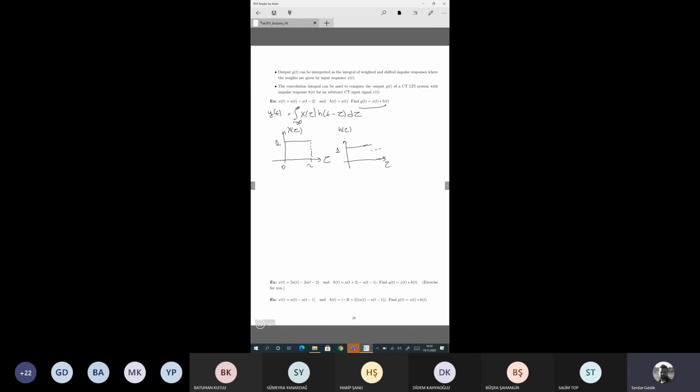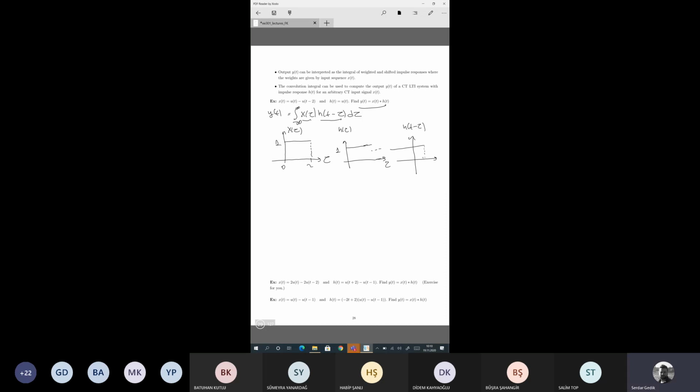Well, in the convolution integral, I will multiply and integrate x of tau with h of t minus tau. So I will plot h of t minus tau. It is scaled and shifted.